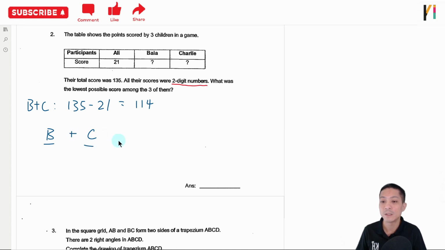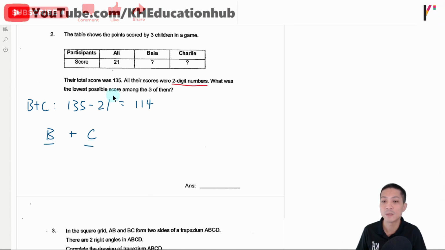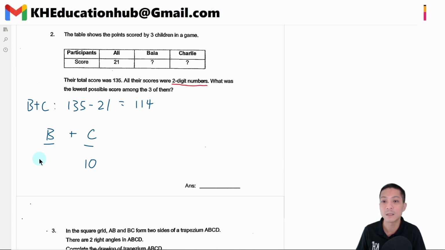Add together must be equal to 114. Lowest possible score among the 3 of them. So can Charlie be a 10? Cannot, right? Because if Charlie is a 10 or Bala is a 10, then the other will be 104, right?